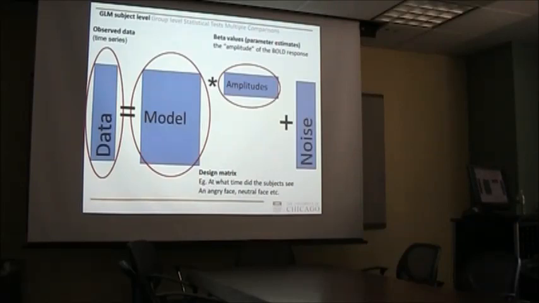Your beta values, often referred to as the parameter estimates, can be thought of as the amplitude of the BOLD response. So it says something about how well any part of your model fits the data. And then what you're left with is also always some noise, some error terms. So you can never really perfectly fit your data.